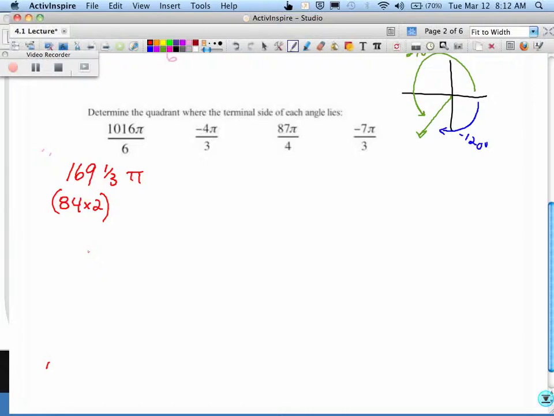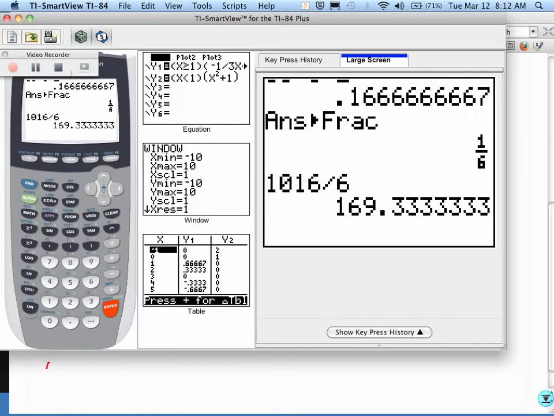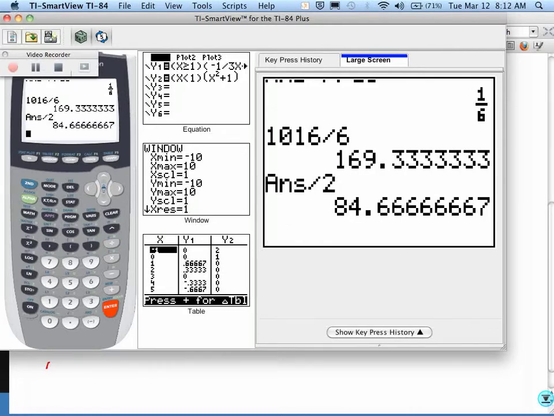So I still have 1 and 1/3 pi. If you take your improper fraction, switch it into 169.3, and divide that by 2, I have 84 times.